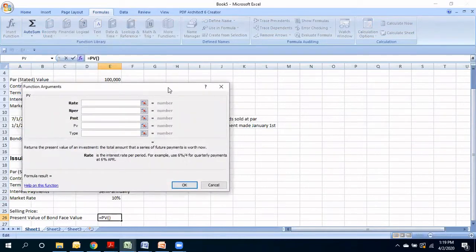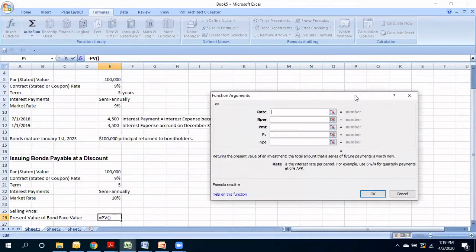Now, the rate that I am pricing this bond at is the market rate. But remember, that market rate, that 10%, is an annual rate, and I am making interest payments every 6 months. So I am going to take the market rate and divide that by 2, or 5%.